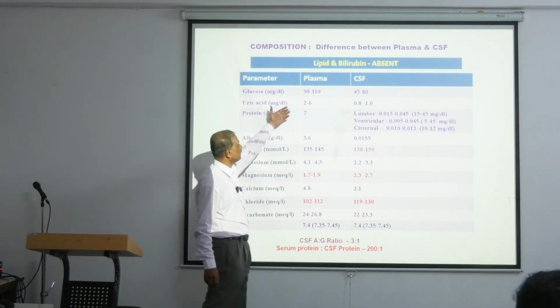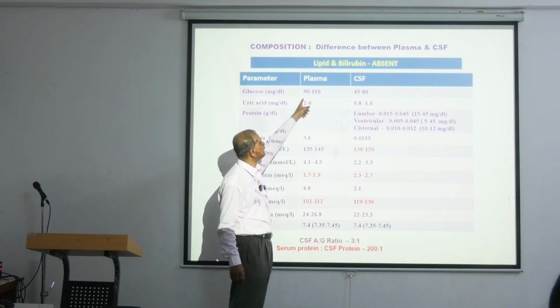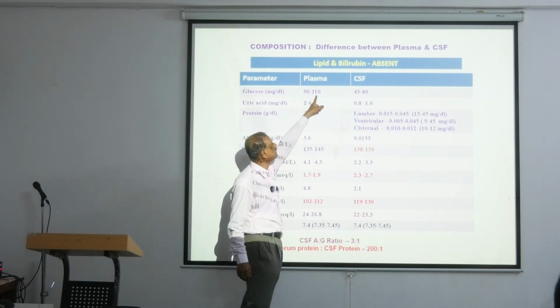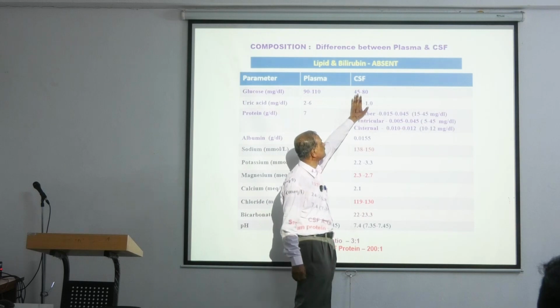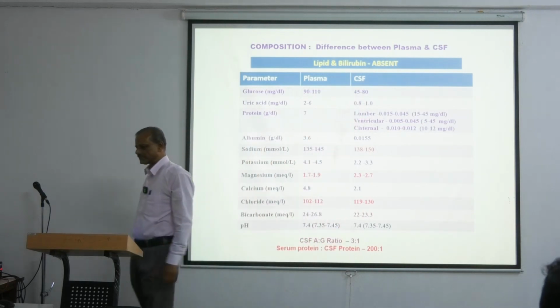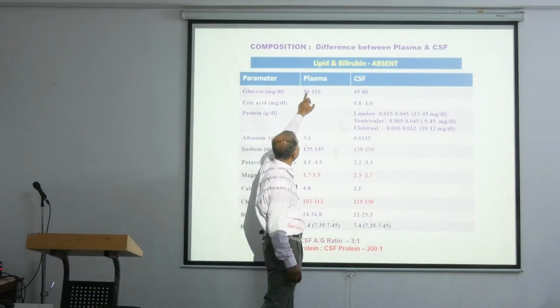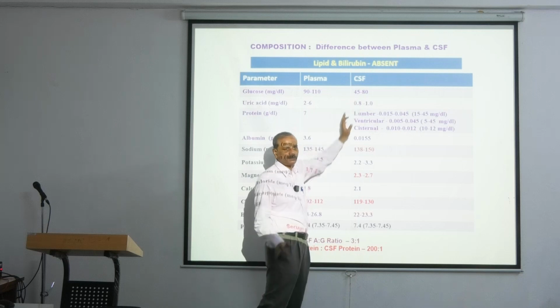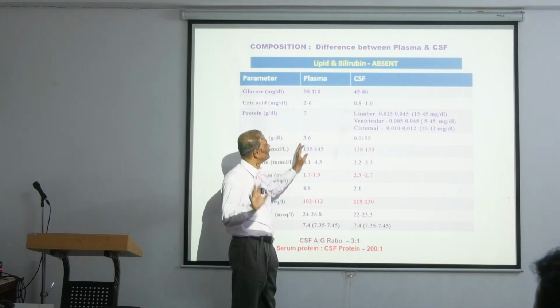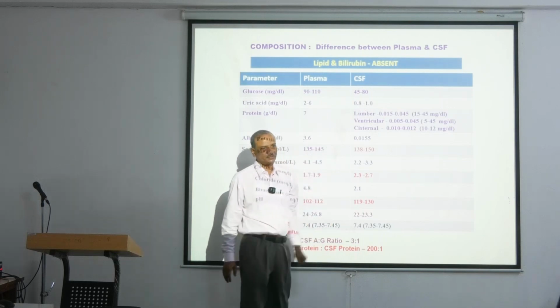Important point to note, last one, but I should have told it in the first one, that plasma glucose level is higher and CSF glucose level is lower. It is usually 60%. If you see this value, 45 divided by 90 is equal to almost 50%. Okay? And 80 divided by 110 is almost 70%.